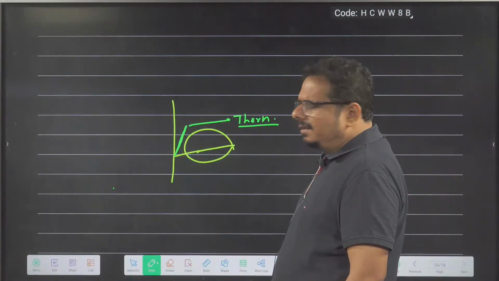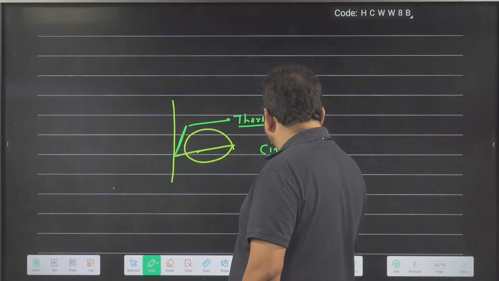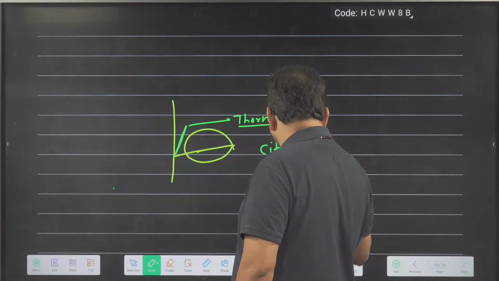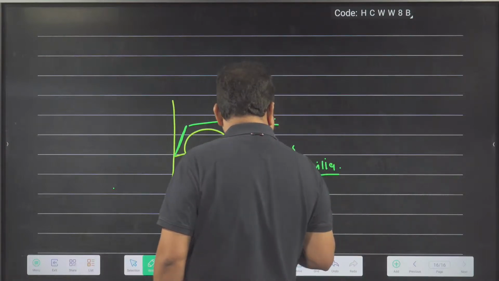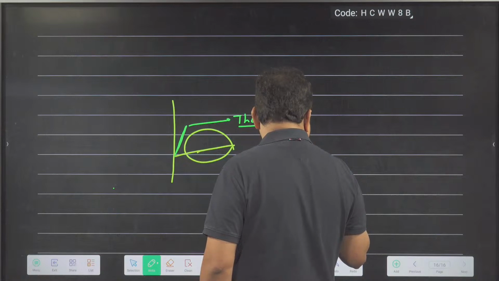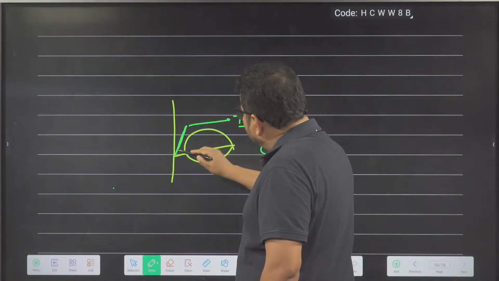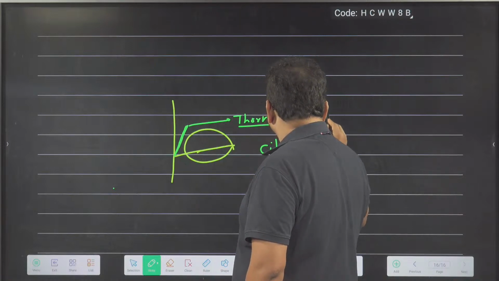Getting the things or not? These kinds of conditions we are finding in which one? Citrus also and bougainvillea also. So these thorns are what? Modification of axillary bud.